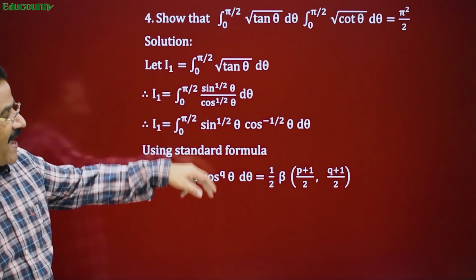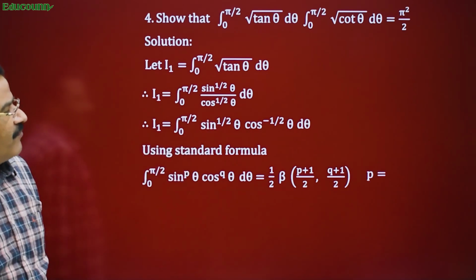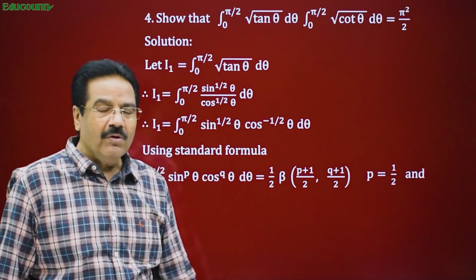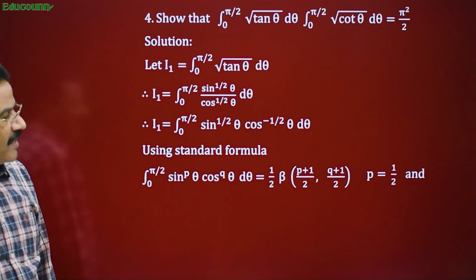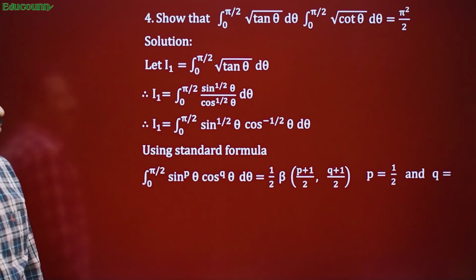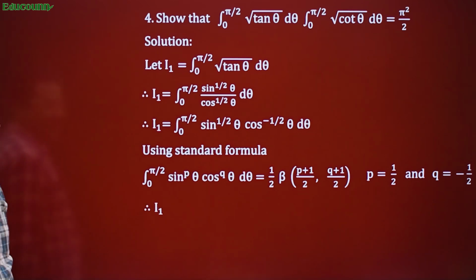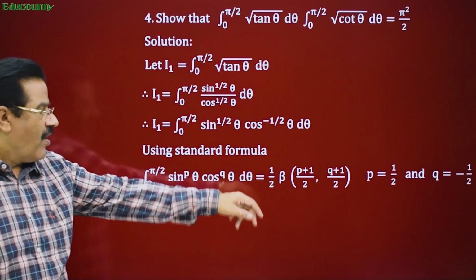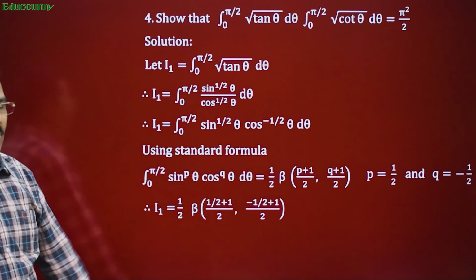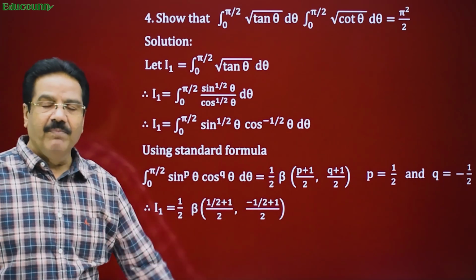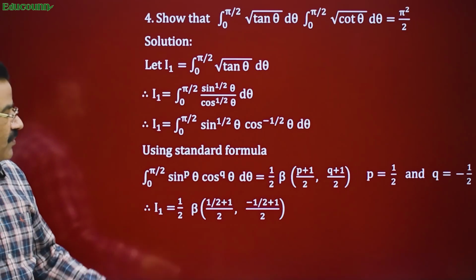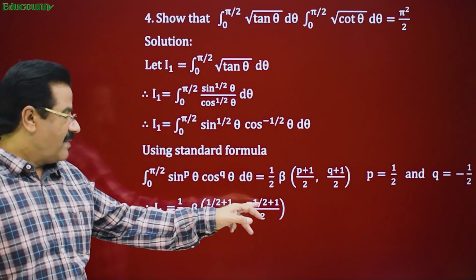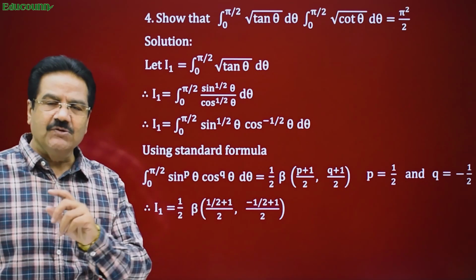If we do the comparison, we can observe that the value of p is equal to half and the value of q is equal to minus half. Therefore, using this formula, I1 is equal to 1 by 2 beta of (1 by 2 plus 1) upon 2 and (minus 1 by 2 plus 1) upon 2. Here (1 by 2 plus 1) upon 2 means 3 by 4 and (minus 1 by 2 plus 1) upon 2 means 1 by 4.